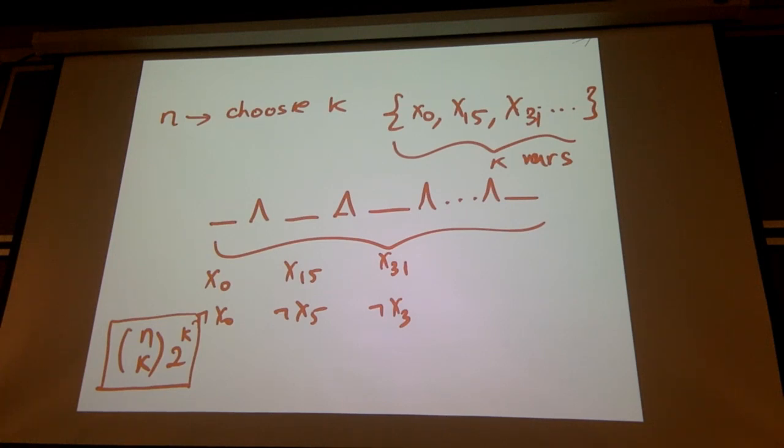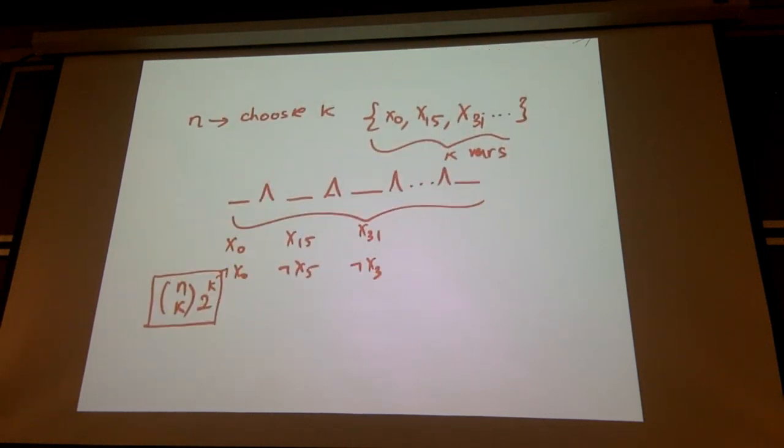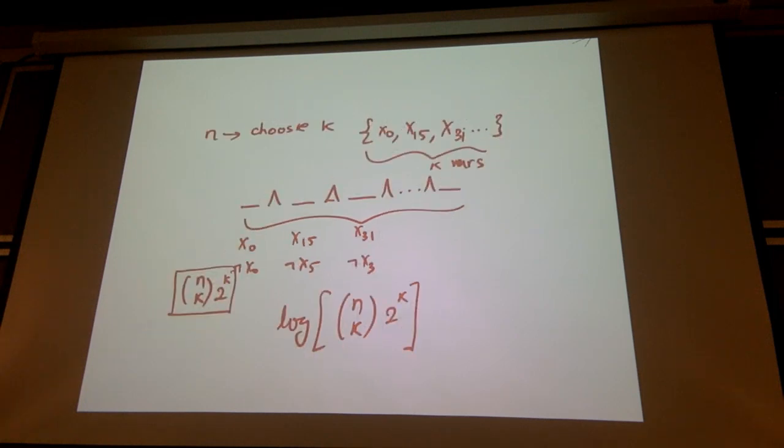So once again, we can ask, how many mistakes will the halving algorithm make on this class of functions? In the worst case, it will make log of n choose k times 2 power k. Now, because we don't care about constants, we can make an approximation.